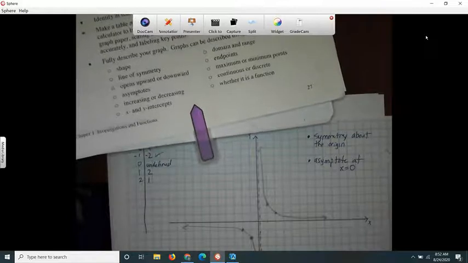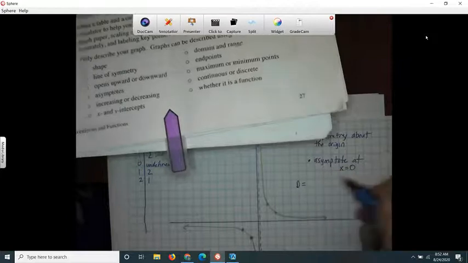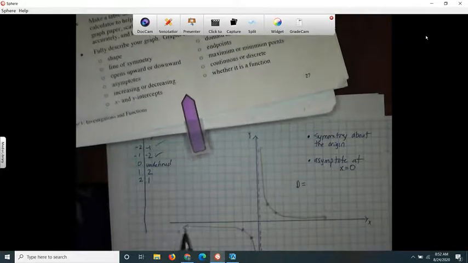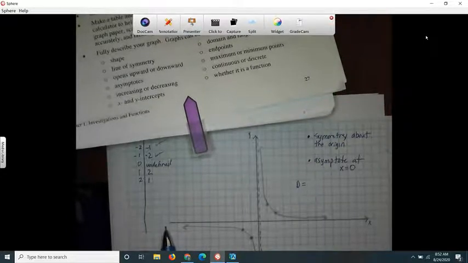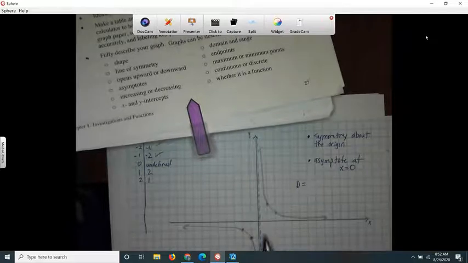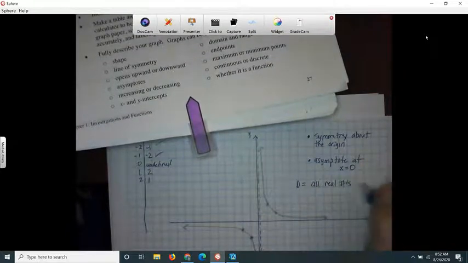Domain and range. I'm going to say the domain and range for sure. So domain, what is the domain? Well, domain is the x values. So it goes infinitely to the left, and it goes infinitely to the right, but you can't plug 0 in. So I think what I'm going to say is all real numbers except 0.